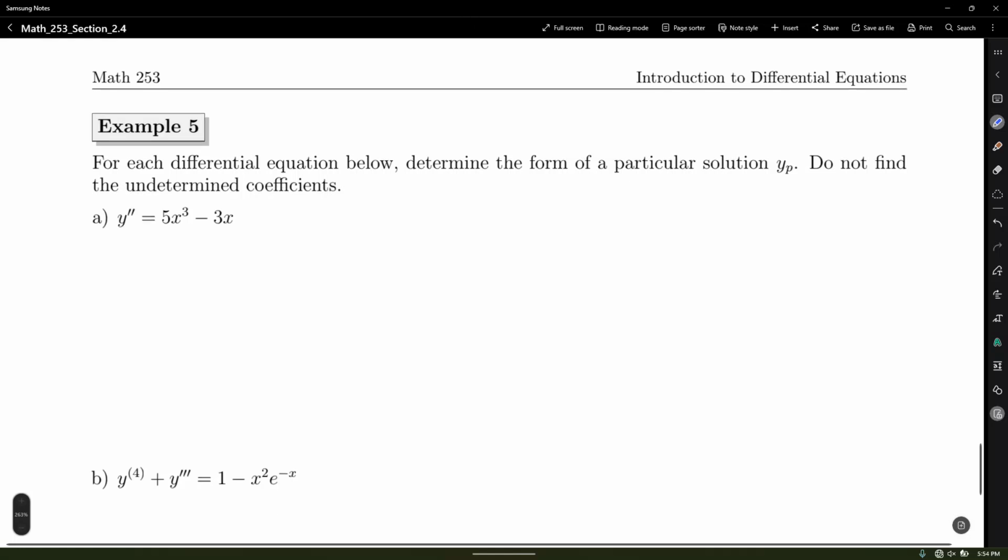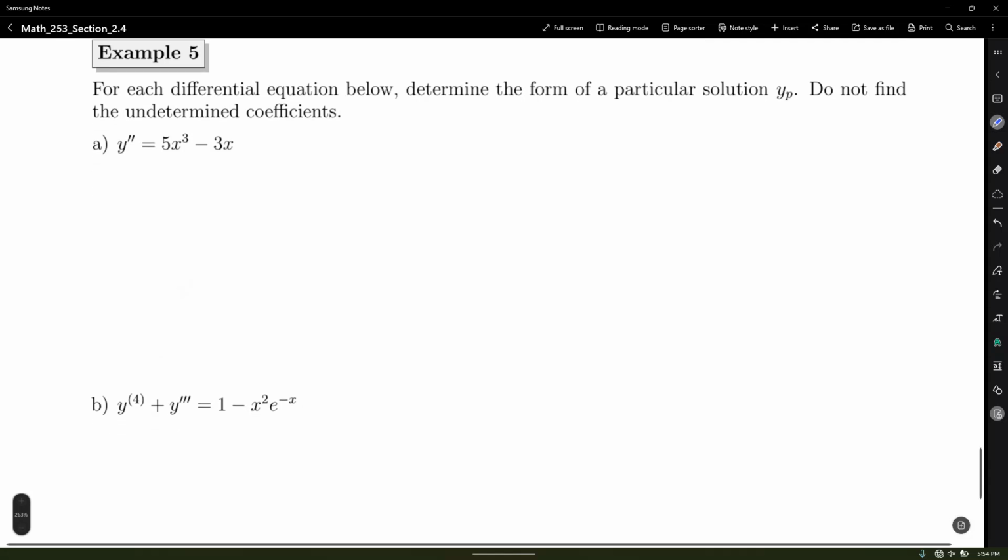You'll see why not. In this case, the left-hand side is only y double prime, right? So that means m squared simply equals 0. What's the solution to m squared equals 0? m equals simply 0, which is repeated, isn't it?